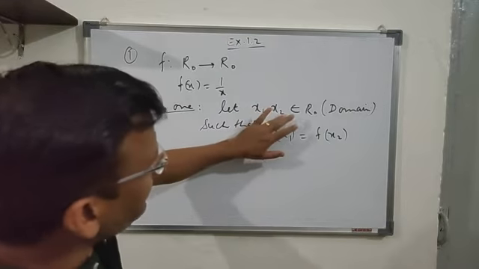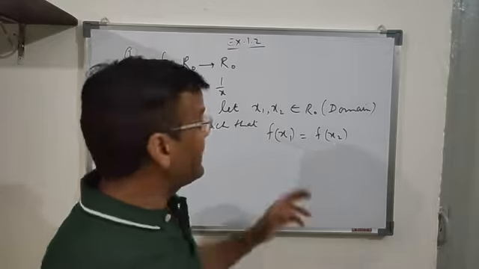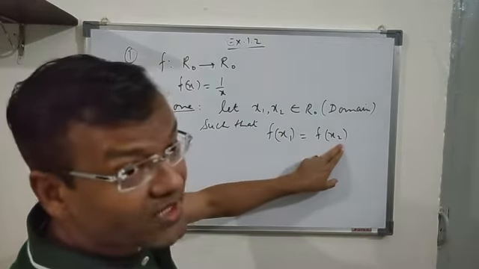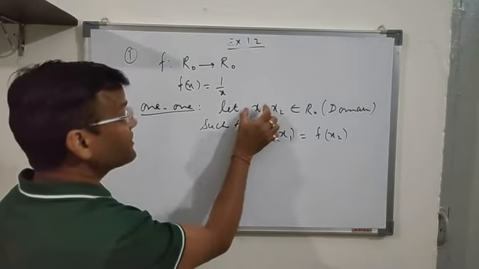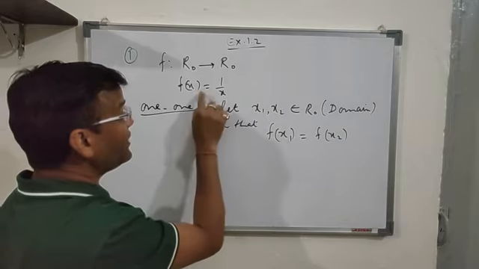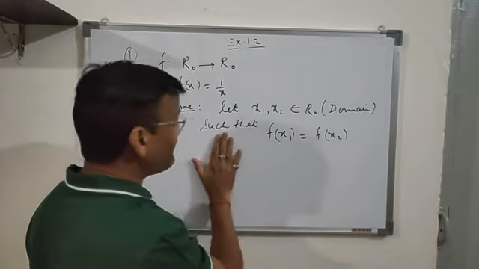If I am taking any elements, these are arbitrary elements, we cannot be specific. These are any of the elements such that their functional values are equal. That means f(x1) equals 1 upon x1, and this has to be assumed because I have taken it.